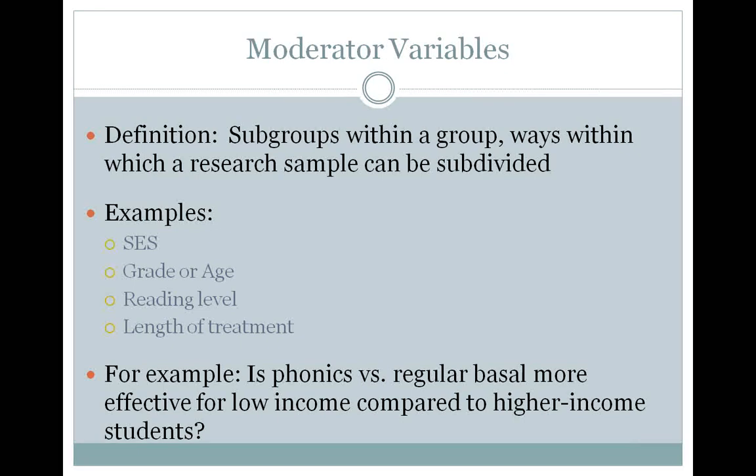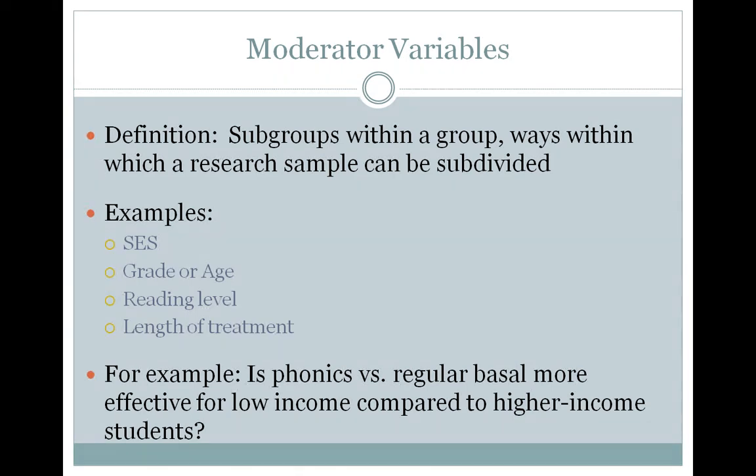Let's also talk about something that will come up again and again in this report, which are moderator variables. Moderator variables are subgroups within a group. That is, the ways within which a research sample can be subdivided to look at it differently. For example, within a group of elementary school children in a phonics study, again, I'll just use that as a hypothetical example, you could look at whether kids who are from low socioeconomic status have a greater response to phonics than kids from middle and high economic status.